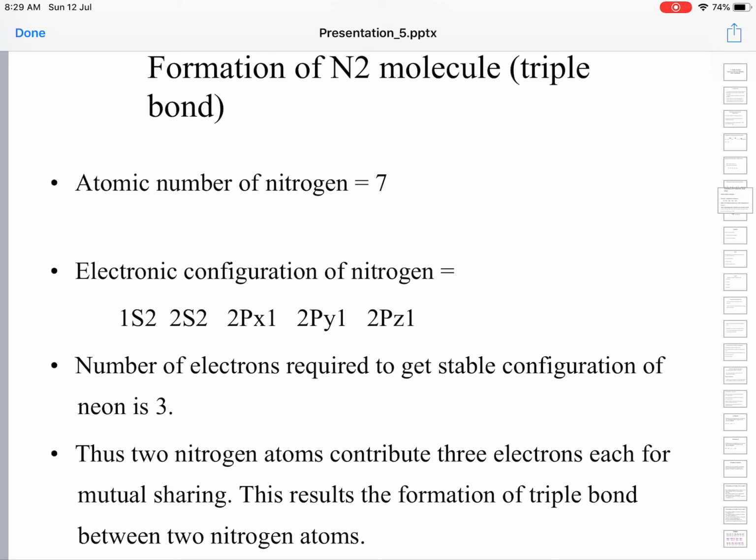So, since 3 pairs are shared, it will be a triple bond between them. Okay, let us see how it happens, by Lewis dot method.